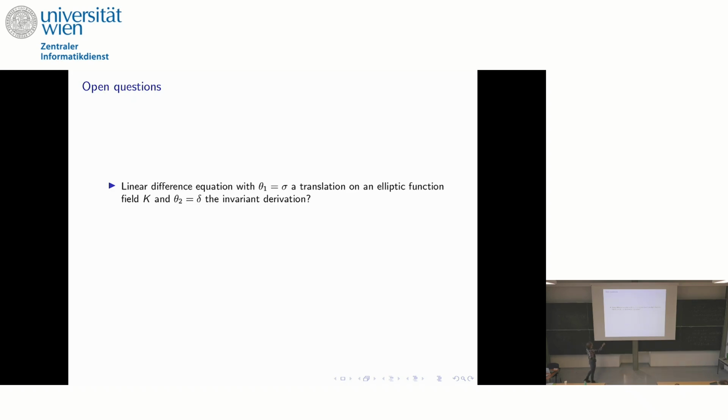And so we are trying to have similar results when you look at translation maps over an elliptic curve. And we already have rank 1 and compatibility results, but there is some technical issue.